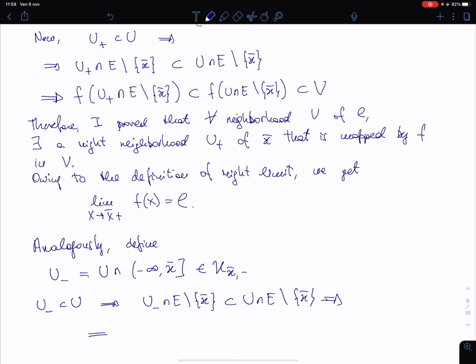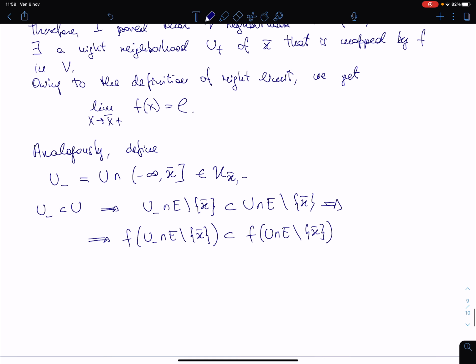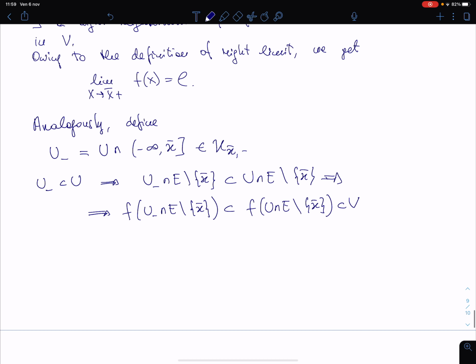That implies that f of U minus intersection E minus x bar is contained in f of U intersection E minus x bar, which is contained in V. Therefore, the limit from the left of f of x as x goes to x bar is equal to L2.